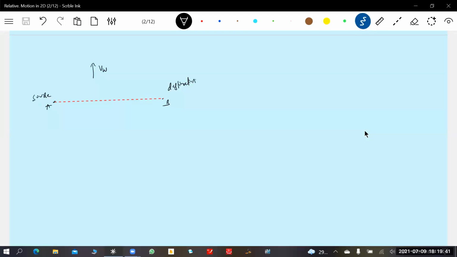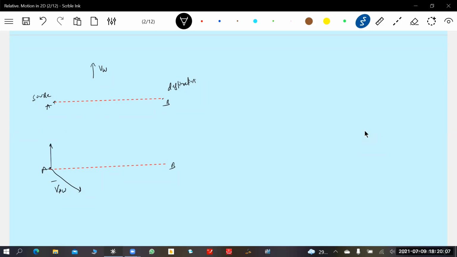So actually, I'll go for the vector diagram. A, this is B. Let's take the vector diagram. This is the velocity of aircraft with respect to wind.